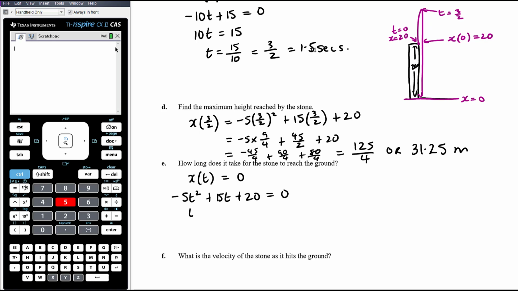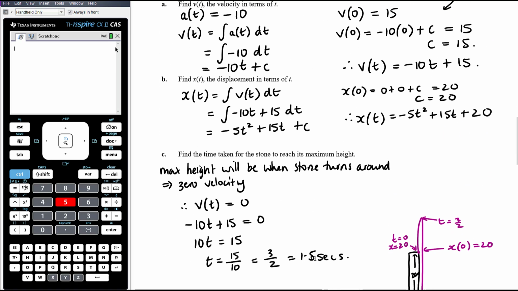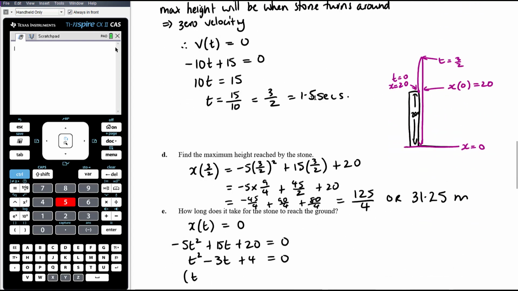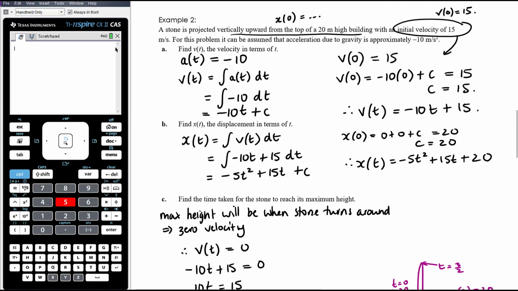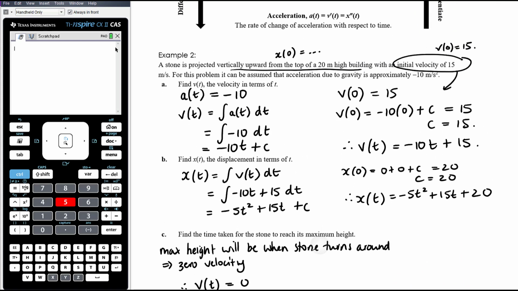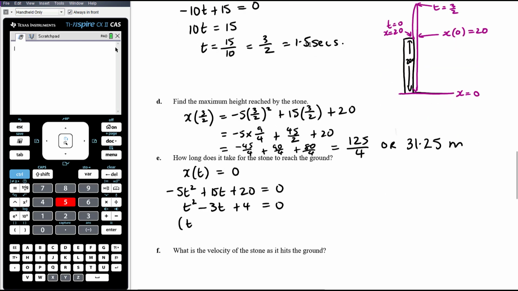Let's divide everything by negative 5. So that's t squared minus 3t plus 4. Factors of 4 that add up to negative 3. They don't exist, do they? Just checking that I've got my function right. Minus 15t plus 20. Yeah, so it's not going to be a nice whole number answer here, so I'm going to use my CAS. Let me just check that I've done that correctly. Right, sorry, I've realised my error.